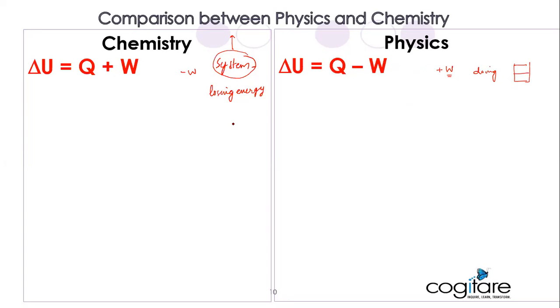In both cases it is the same thing. Here a gas is expanding and doing work. Here also the burnt fuel is expanding and doing the work. The scenario is the same, but as far as chemistry is concerned we treat the work one way, and as far as physics is concerned we treat it differently. Are you able to follow this, guys?